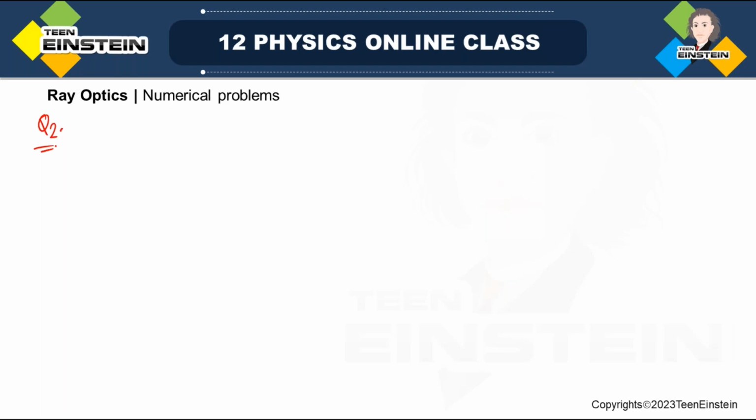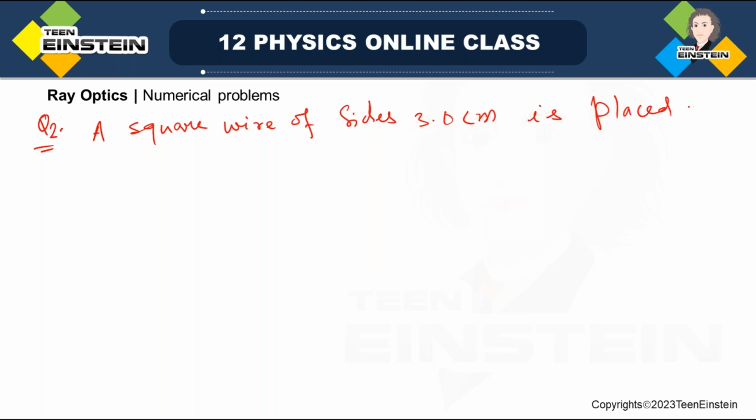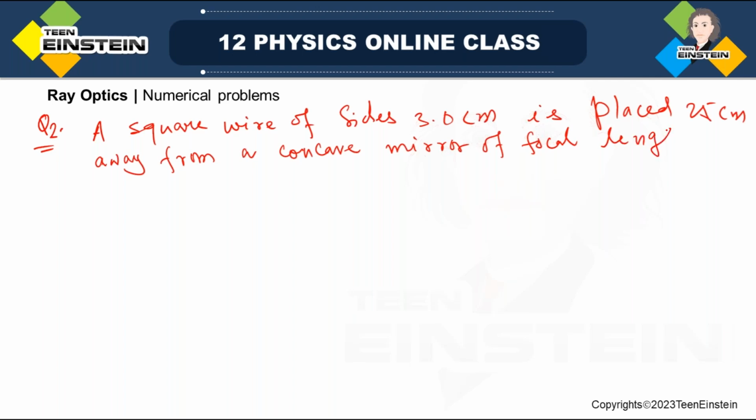This says a square wire of side 3 centimeter is placed 25 centimeter away from a concave mirror of focal length 10 centimeter.